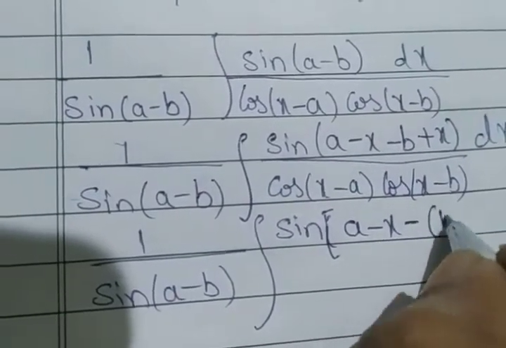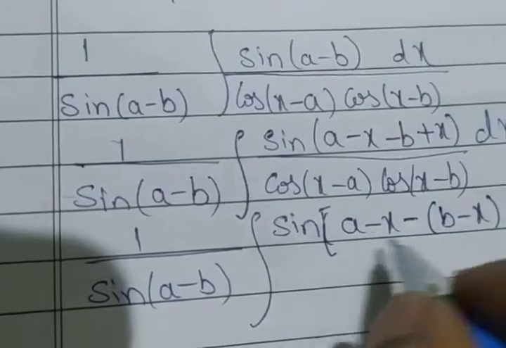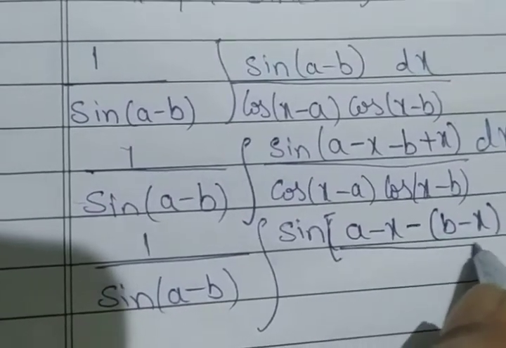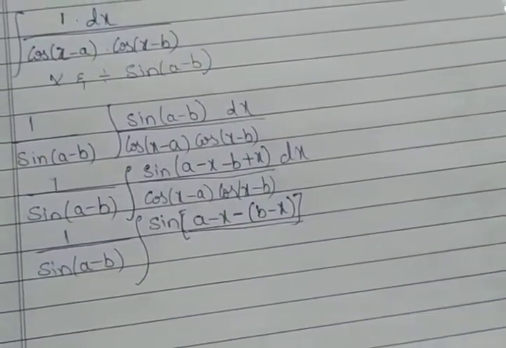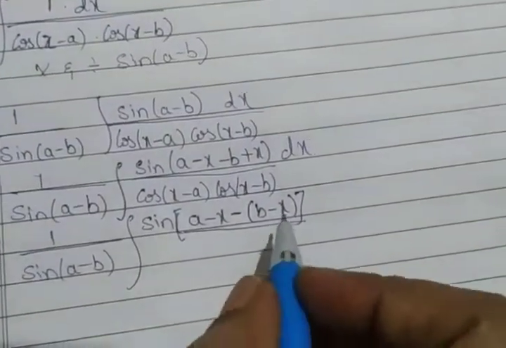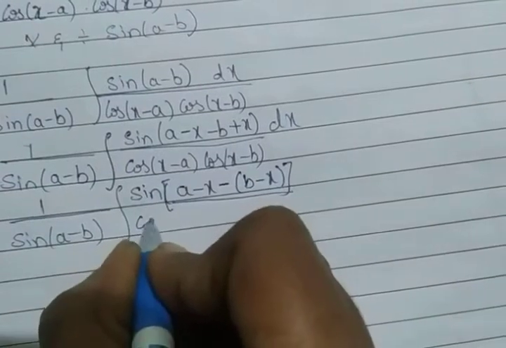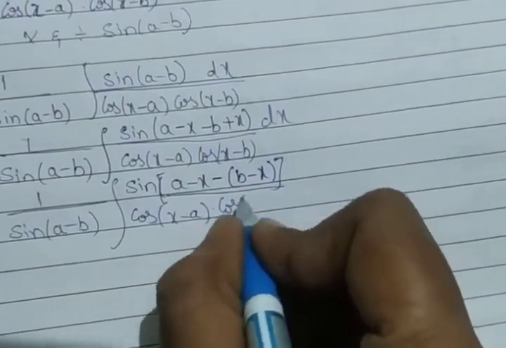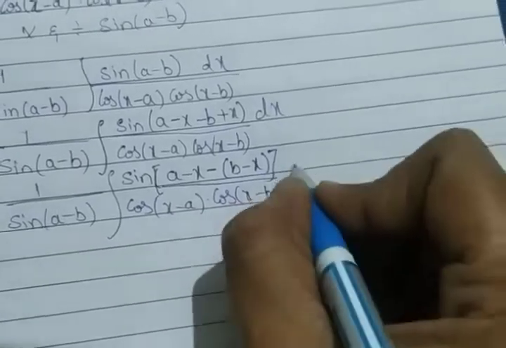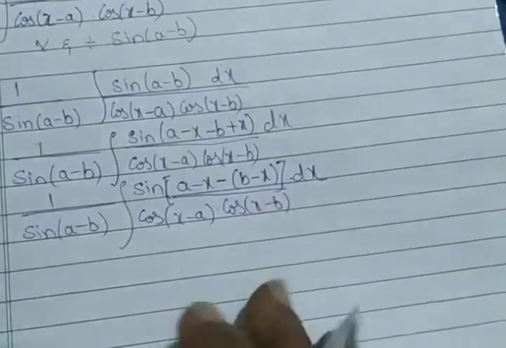Take out the minus common, b minus x, divided by, so take out the b common, cos x minus a into cos x minus b into dx.